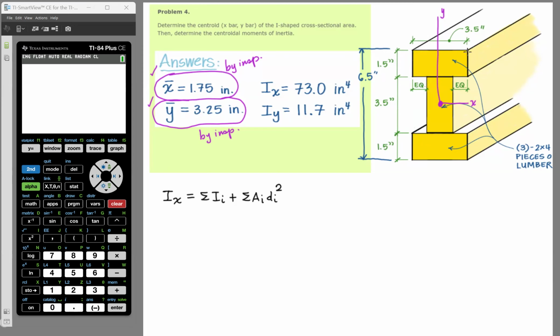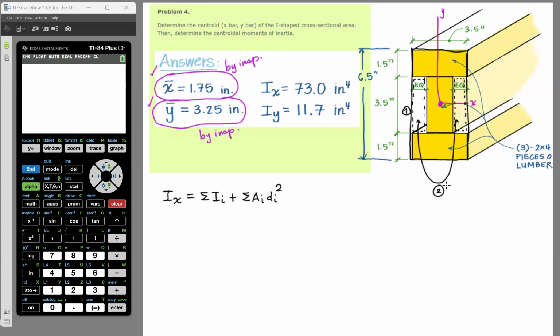But I see a shortcut if I use a solid shape, which I'll call 1, and void shapes. I'm going to call these two shapes together shape number 2. You can call them 1, 2, 3 if you want, but I've got this nice symmetry going on. You could call them 2A, 2B, 2 left, 2 right, whatever floats your boat.